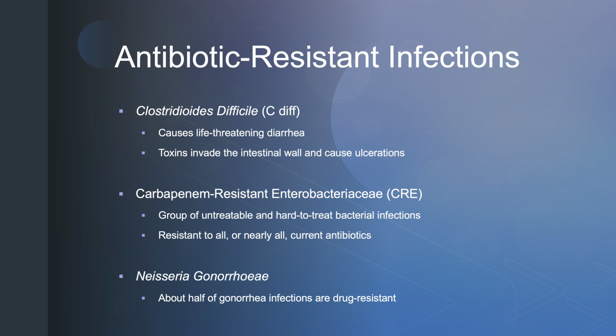Then we've got CRE, which is carbapenem resistant, and carbapenems are a very large categorization of antibiotics that we have. So this bacterium is resistant to nearly all of the typical antibiotics that we prescribe.